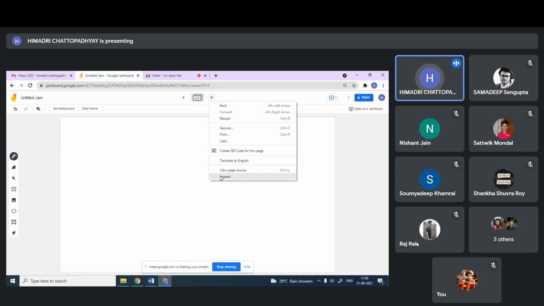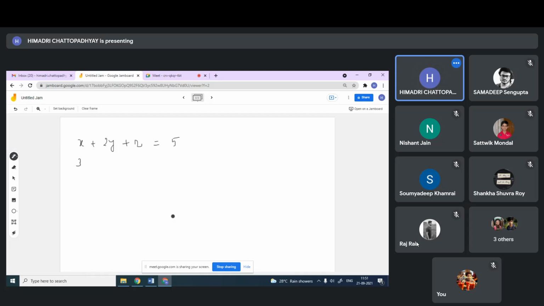So how do you really do this? Say x plus 2y plus z equal to 5, 3x plus y plus 2z is equal to 9, x minus y minus z is equal to 5. You see that there is no 0 here.